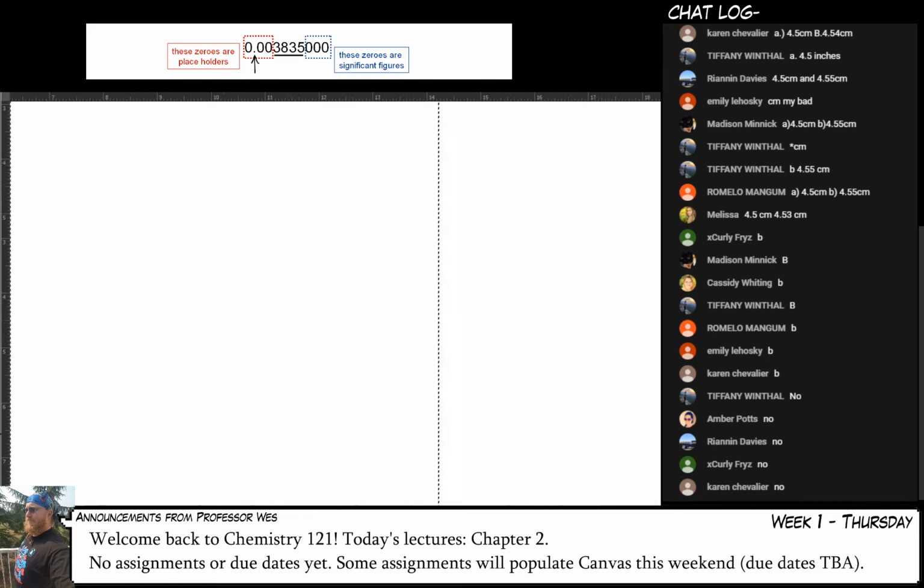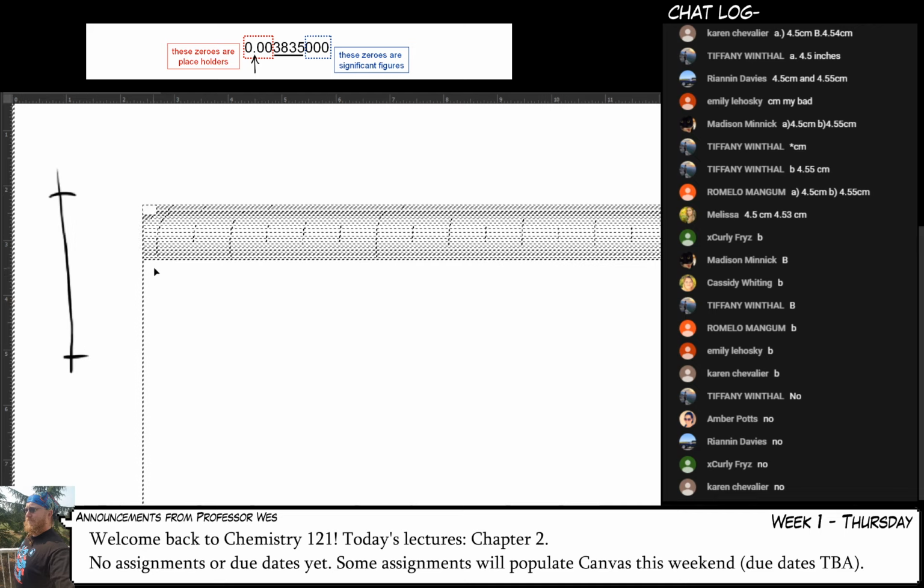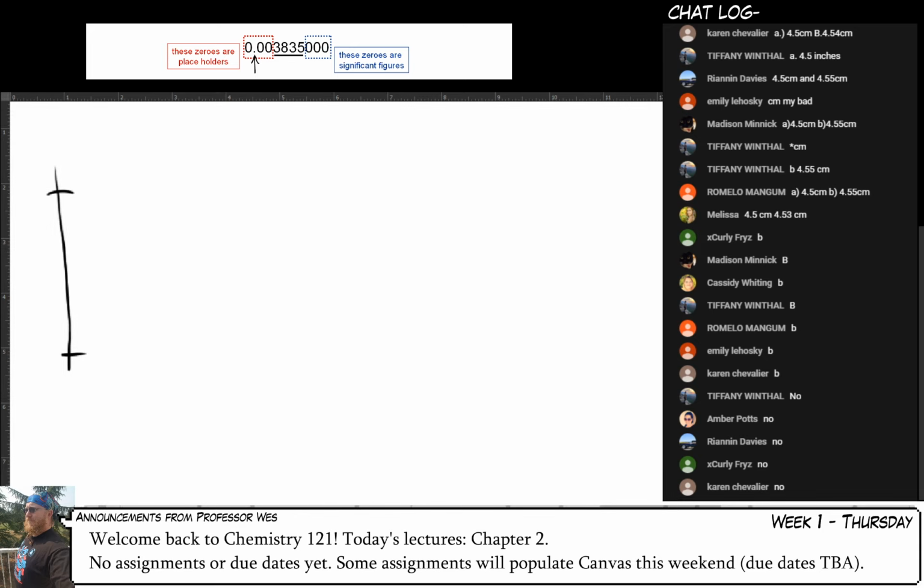So I'm trying to get rid of those dashed lines. I don't know why that appears on here. So if this is my guide... Oh, why is this happening here? That works. Okay.